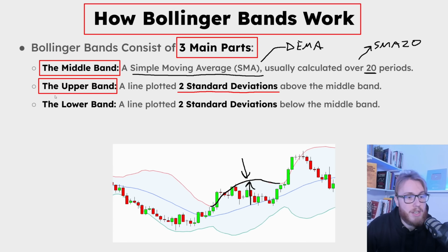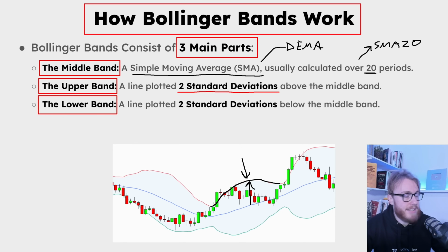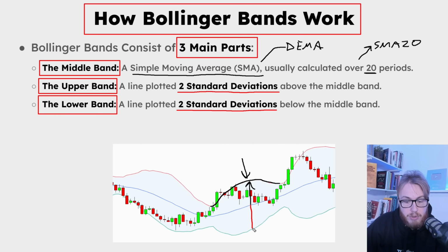But first, what is the lower band? Well, the lower band is exactly the same as the upper band, but the opposite. So this right here is a line plotted 2 standard deviations below the middle band. What we can derive from this is that the length from the middle to the top and from the middle to the bottom, so this black arrow and red arrow, always have the same length.